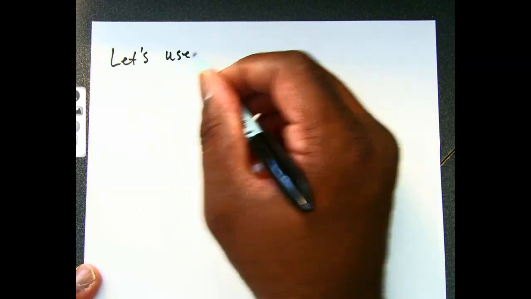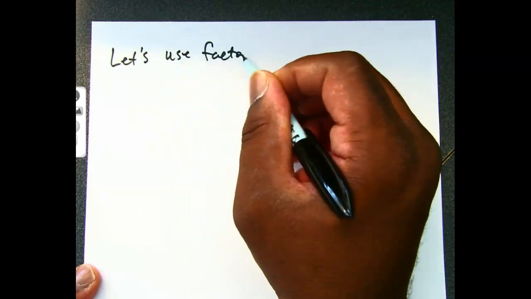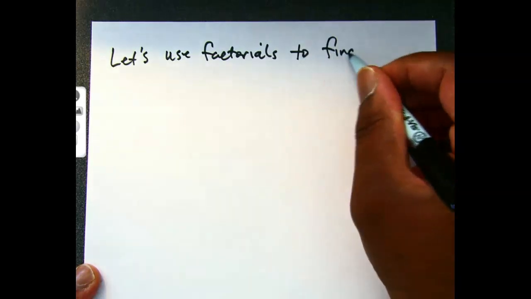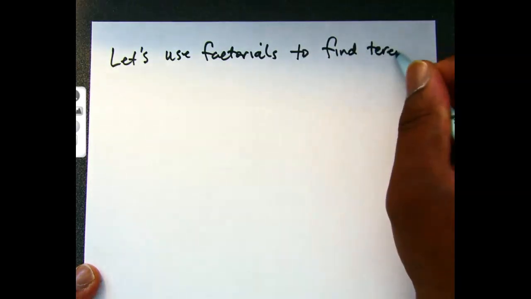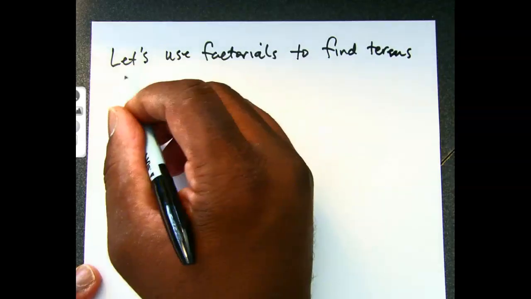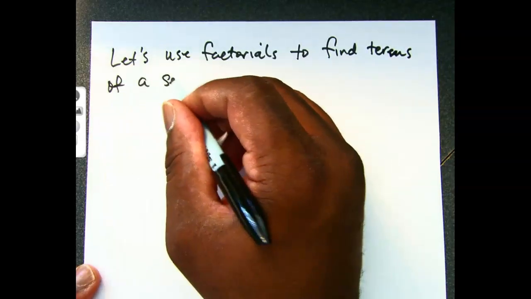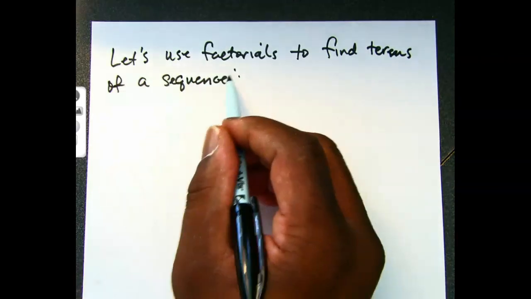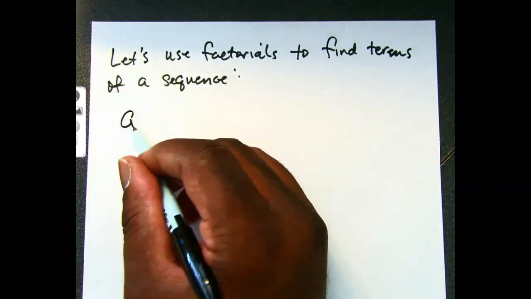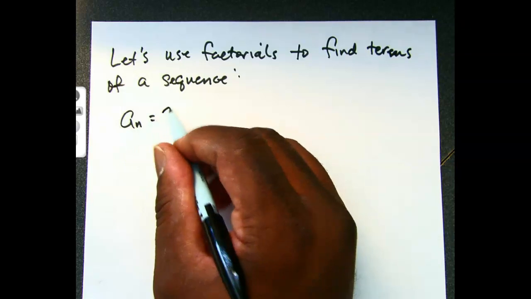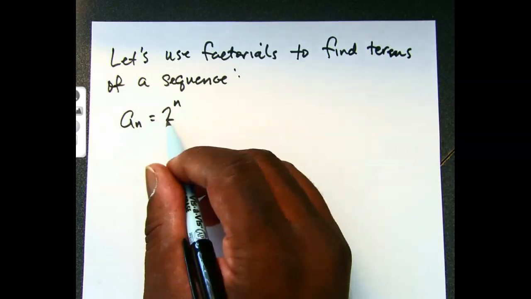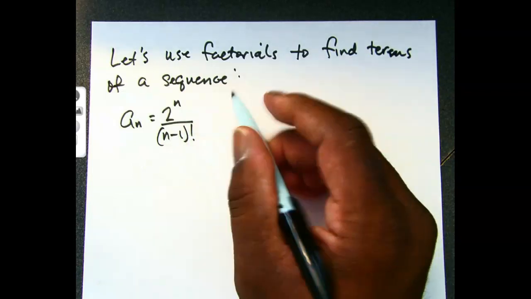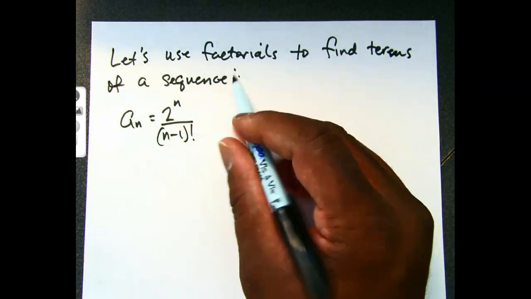Let's use factorials to find terms of a sequence. Okay, so here, let's say we have a sub n, and that's going to equal 2 to the n over n minus 1 factorial. And we're going to find the first 4 terms.